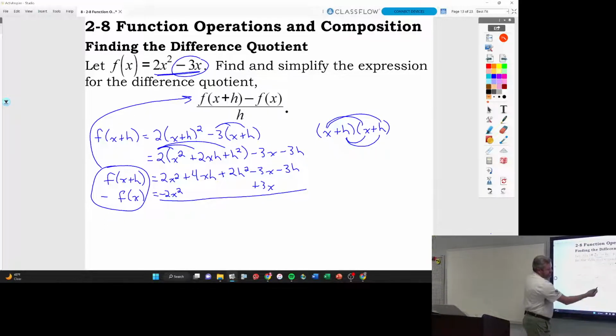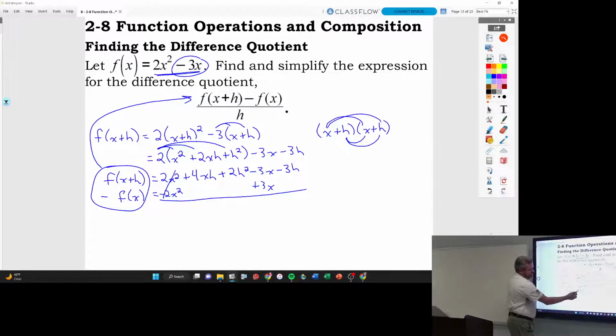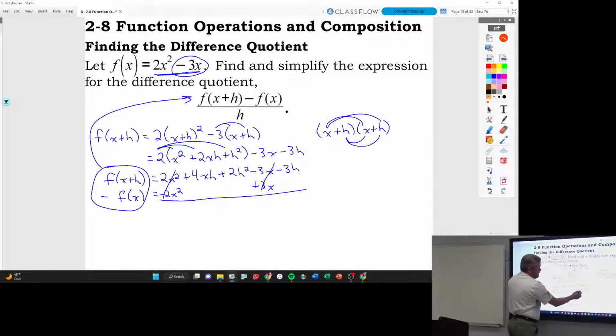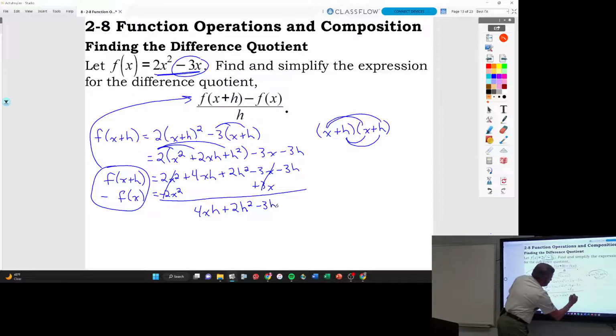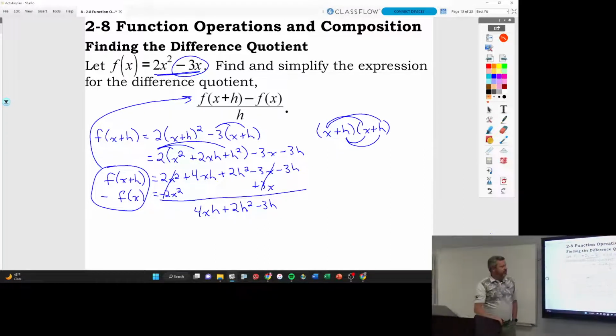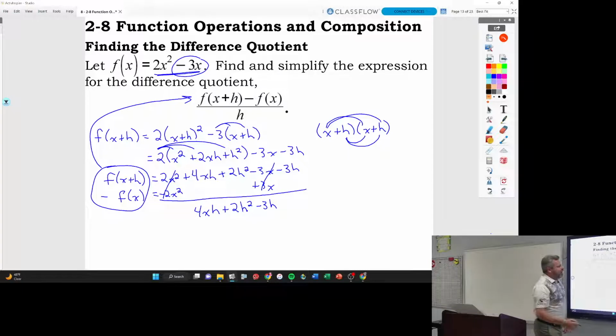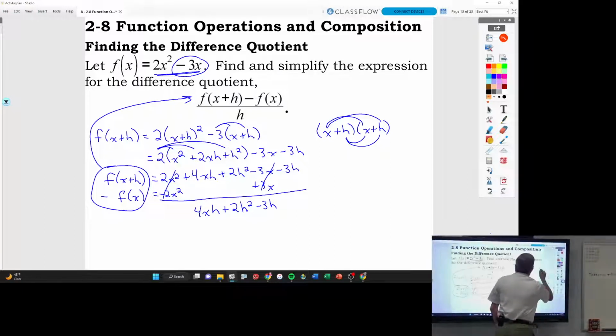And if I simplify that, 2x squared minus 2x squared is gone. Negative 3x plus 3x is gone. So all that's left is 4xh plus 2h squared minus 3h. So that is my numerator. So now let's go ahead and put this together.